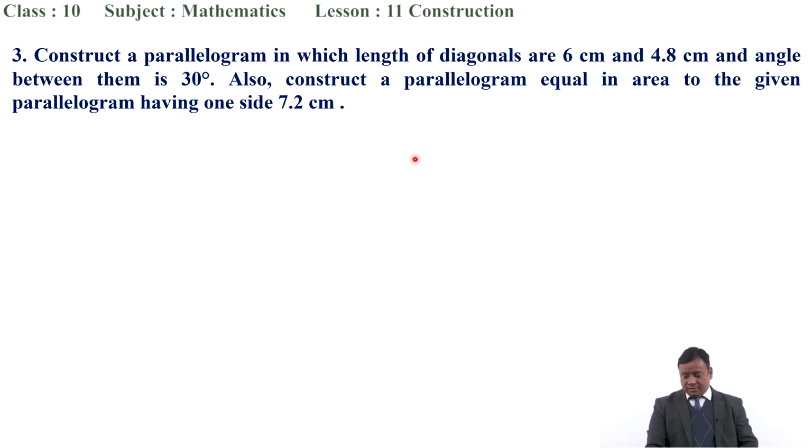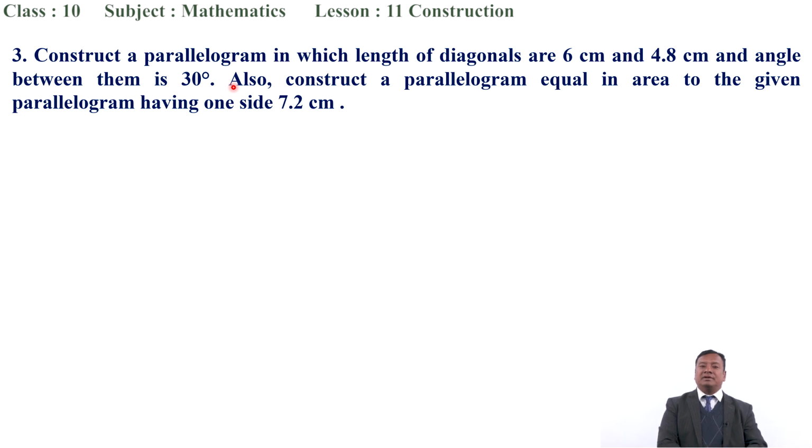Now the next type of question: construct a parallelogram in which the lengths of the diagonals are given, 6 centimeter and 4.8 centimeter, and the angle between the two diagonals is given as 30 degree. First of all, we have to construct a parallelogram with the given diagonals and the angle between them.